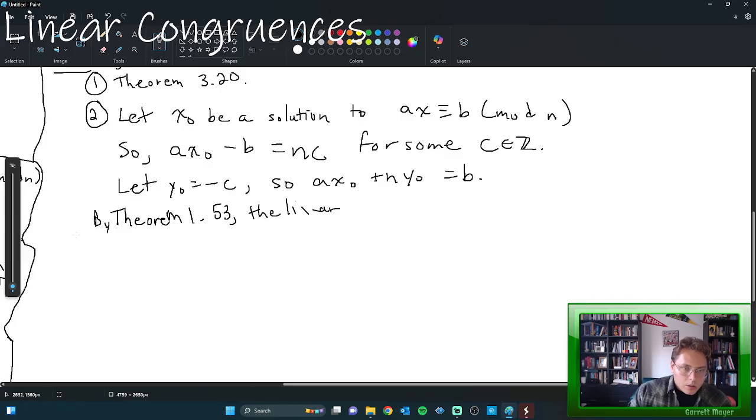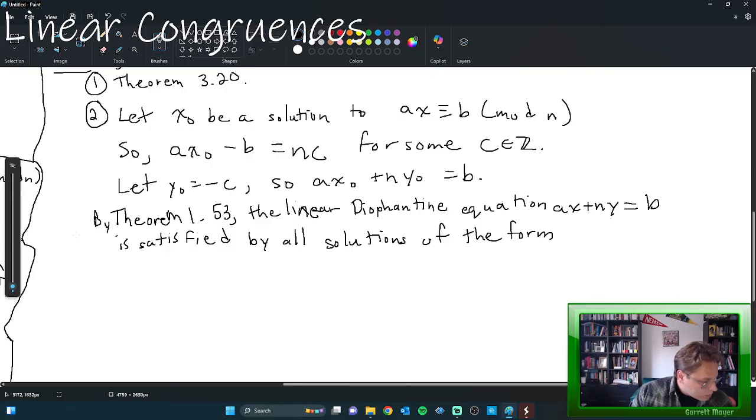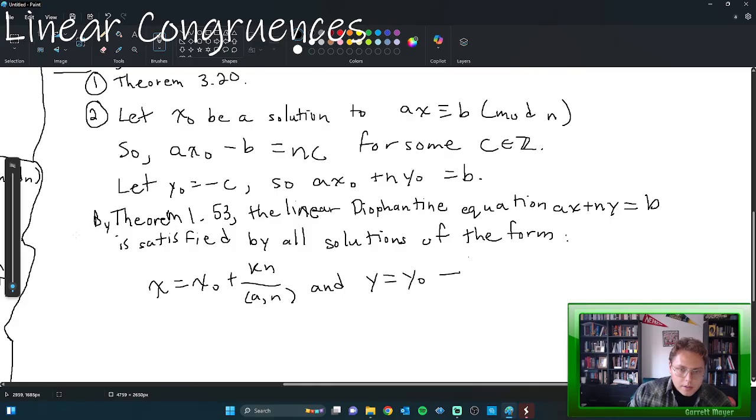The linear Diophantine equation ax plus ny equals b is satisfied by all solutions of the form x equals x naught plus kn over GCD of a and n, and y equals y naught minus k a over GCD of a and n, for k an integer.